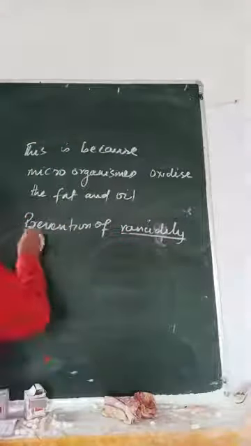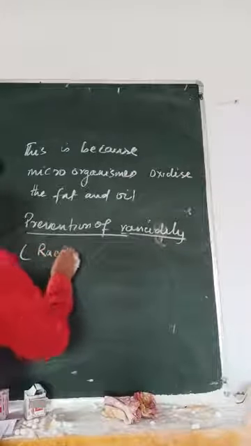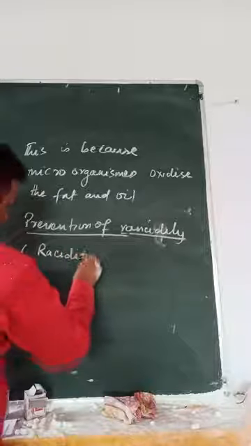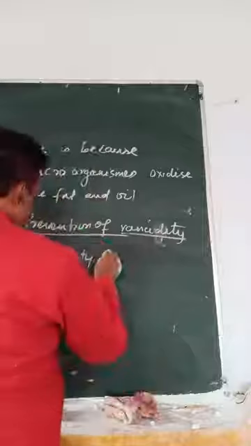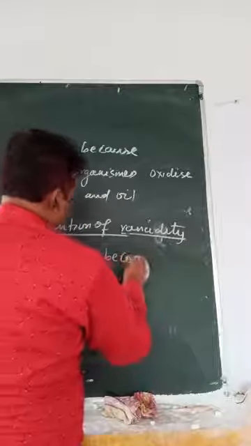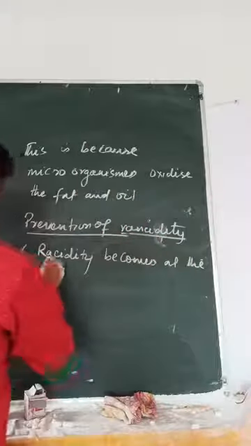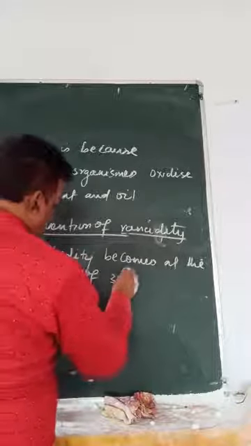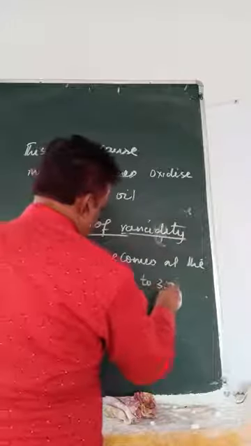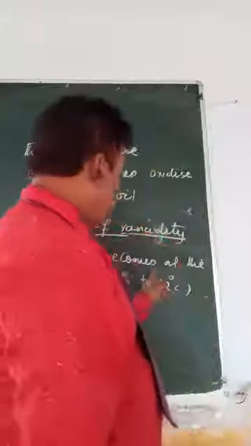I will write it down in brackets: rancidity becomes active at a temperature of 30 degrees Celsius to 32 degrees Celsius. Within this range or more than this, it becomes rancid.